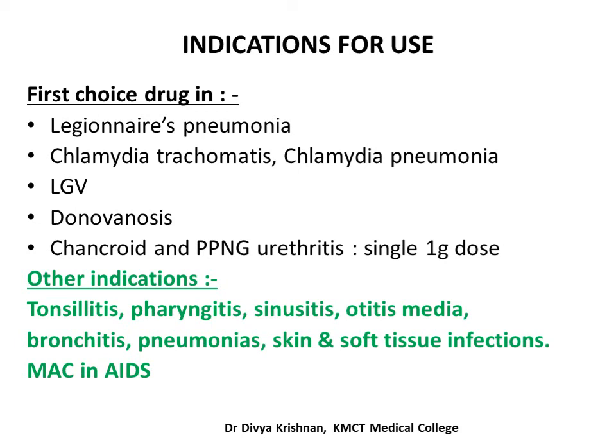So this is a very important drug as a first choice drug in sexually transmitted diseases like LGV, donovanosis, chancroid, PPNG urethritis. So when you are mentioning the indications of azithromycin, you have to specifically mention the various examples of STD where it is the first choice drug. And in case of chancroid and PPNG, the advantage is that it has to be given only as a single 1 gram dose.